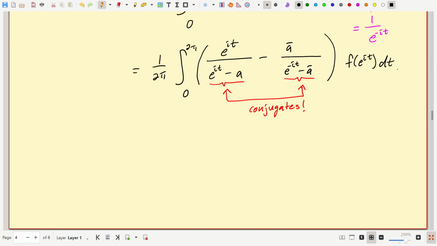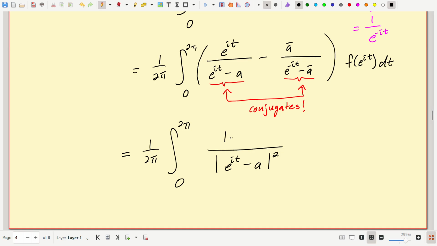The miracle's about to happen. The miracle is that now I get a 1 over 2 pi, and in the denominator is the modulus of e to the it minus a squared, because those two things are conjugates now. And on the top, a miracle happens and some stuff cancels, and on the top is 1 minus the modulus of a squared.